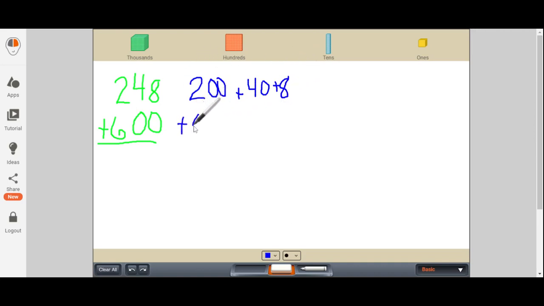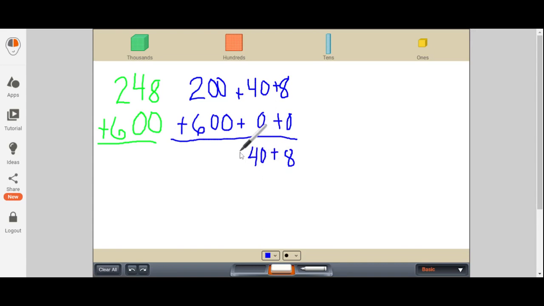Plus I'm adding 600, which I'm expanding. Now with 600, we really don't have much to expand because there are no tens and there are no ones, but we can put those zeros to hold that place for us to add. We know that 8 and 0 is 8. We know that 40 and 0 is still 40.